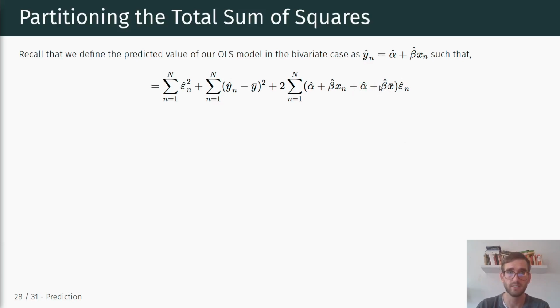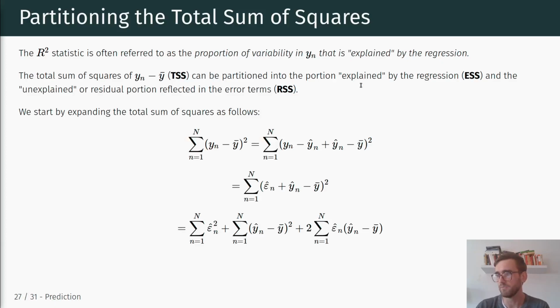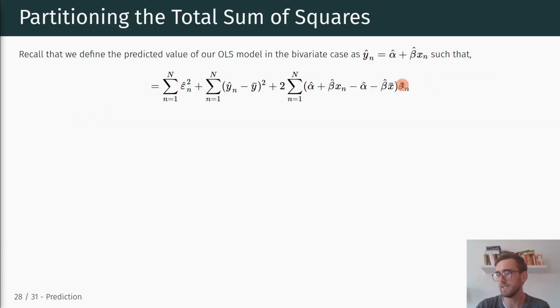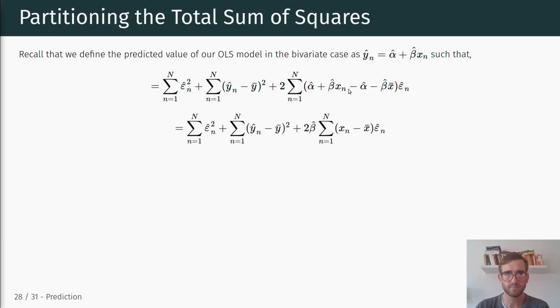Okay, so that's also equal to y bar. That's another thing that we showed before. Okay, and we're moving this epsilon hat to the end. So that's basically all we did here. After we have done this, we can pull a couple of things out of this sum. Particularly, we will move this beta hat out.